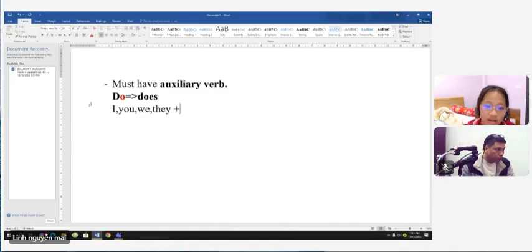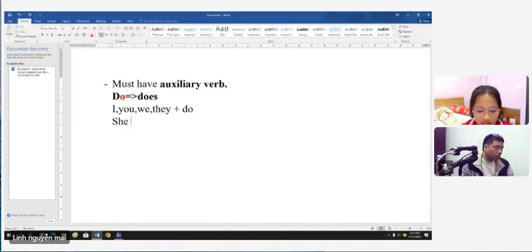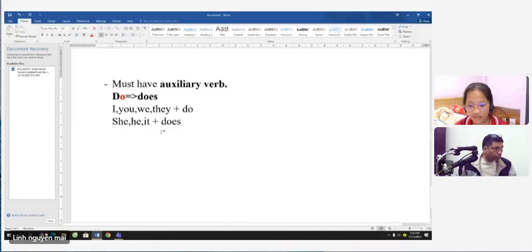They will go with do because they are plural nouns and the verb will not change. And she, he, it are singular nouns and they will go with does. Okay?